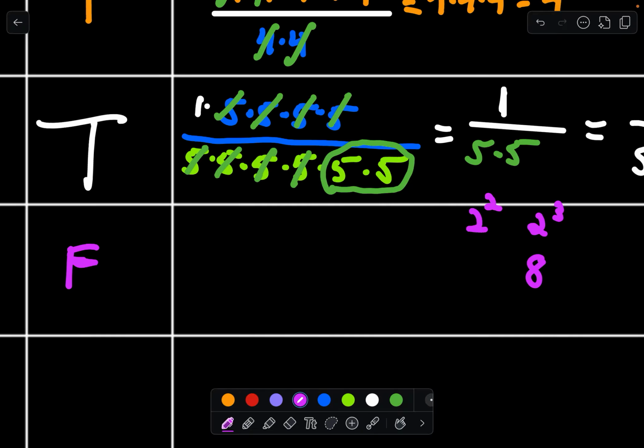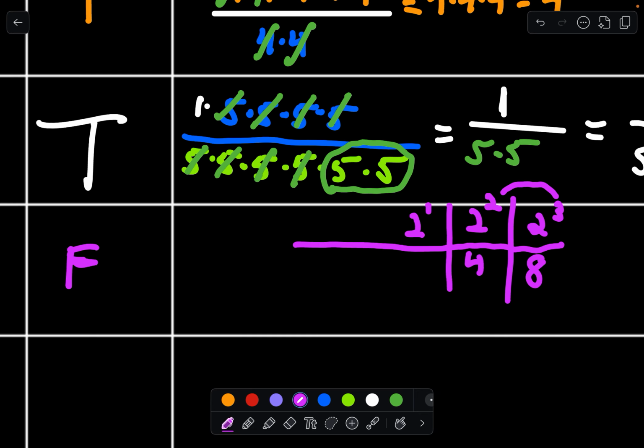Now 2 squared is 8 divided by 2, which is 4. So you notice we're dividing by 2 each time going down, and the exponent goes down by 1. So 2 squared is 4. 2 to the first is 2.